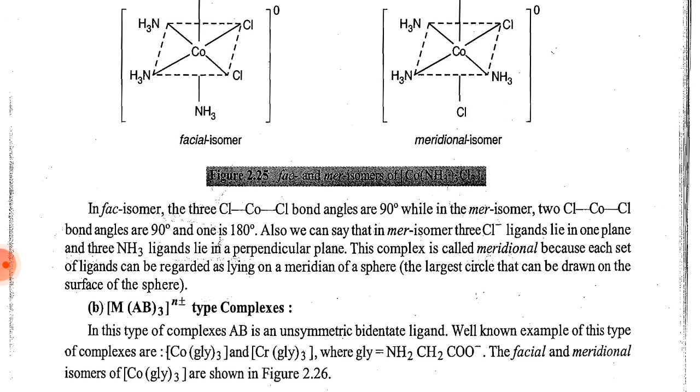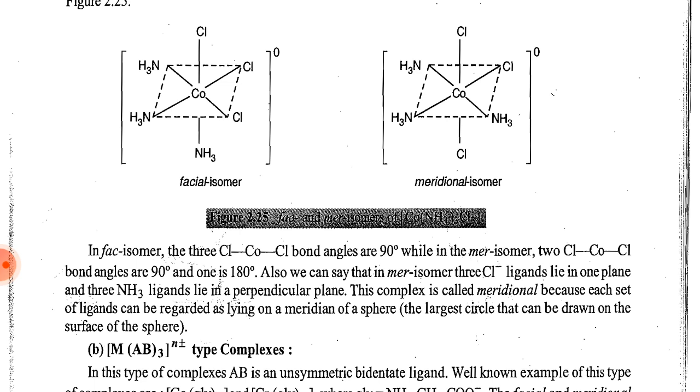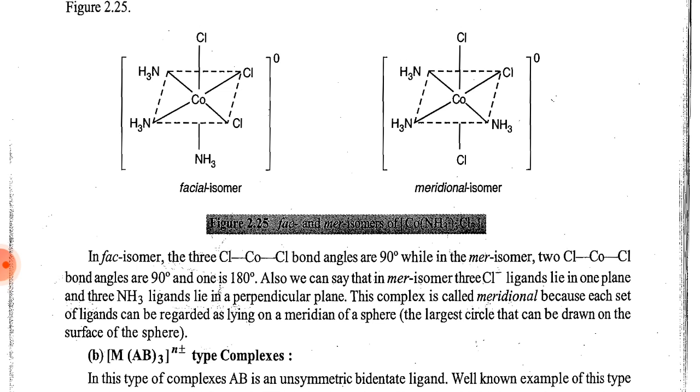In FAC, the Cl-M-Cl bond angles are 90 degrees, while in the meridional isomer the Cl-M-Cl bond angles are 90 degrees and one is 180 degrees. Also, we say that in the meridional isomer the 3 Cl- ligands lie in one plane and the remaining 3 ammonia ligands lie in a perpendicular plane.